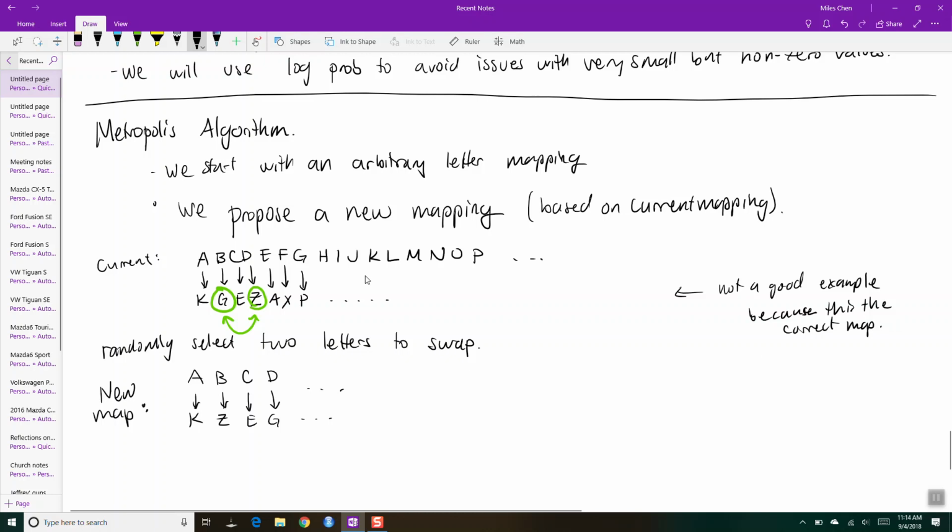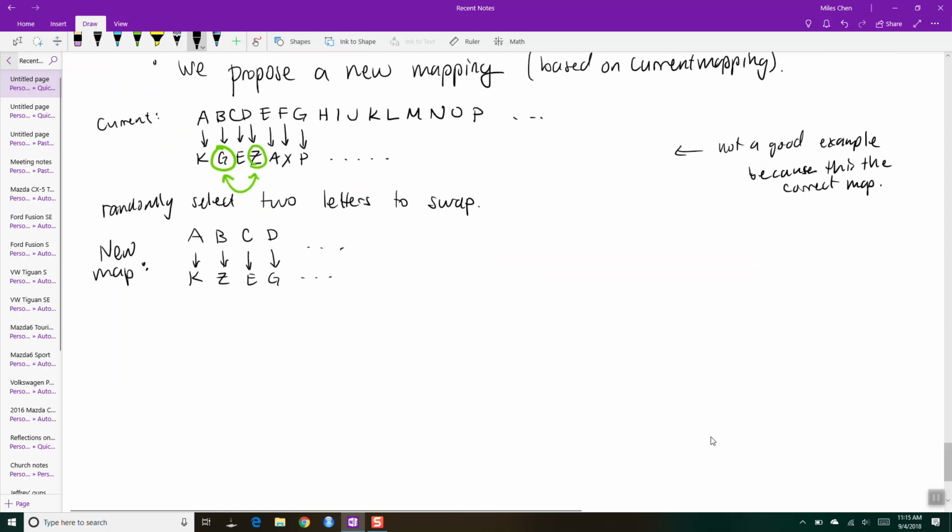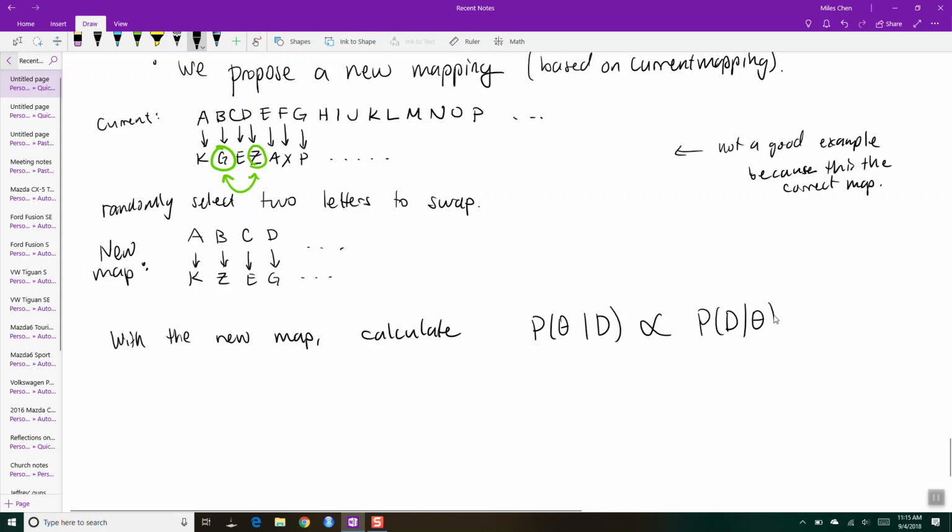Okay, so anyway, you're supposed to start off with an arbitrary one, and then you swap 2 letters, okay? And then after you swap the 2 letters, you run it through the evaluation, right? You calculate the likelihood. So with the new map, calculate the probability of theta given D, which is proportional to this, right?